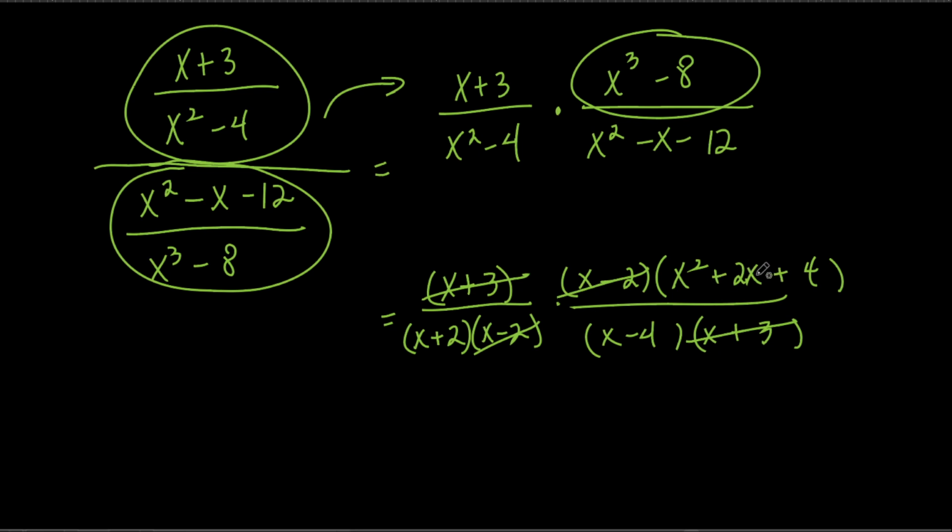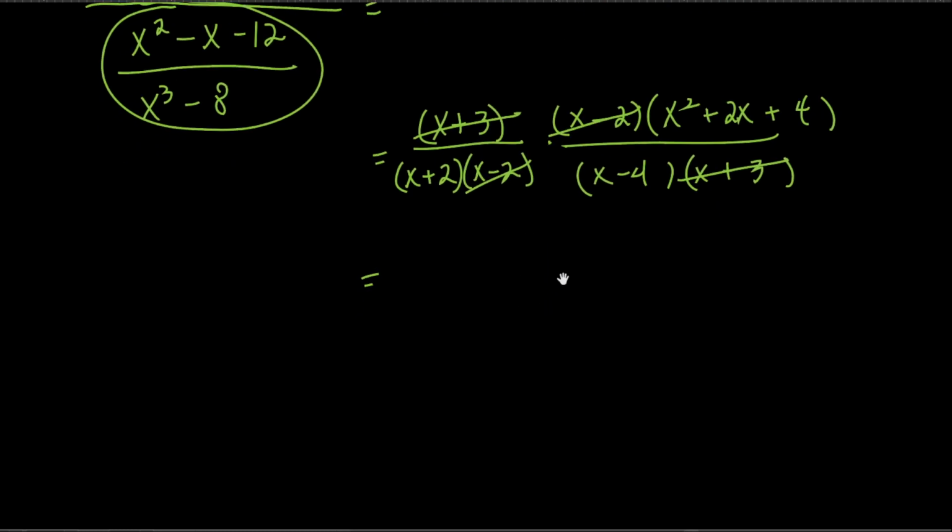What about this? Can I factor this anymore? No, we talked about that just a few minutes ago. You can't factor it anymore. What do we have left on top?